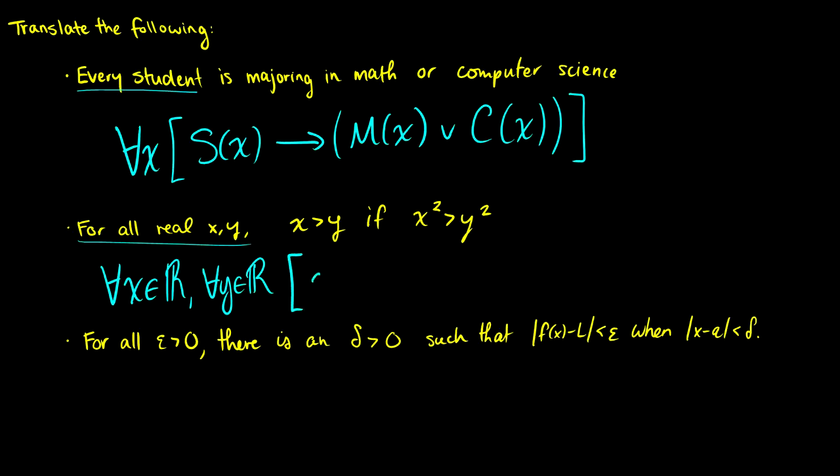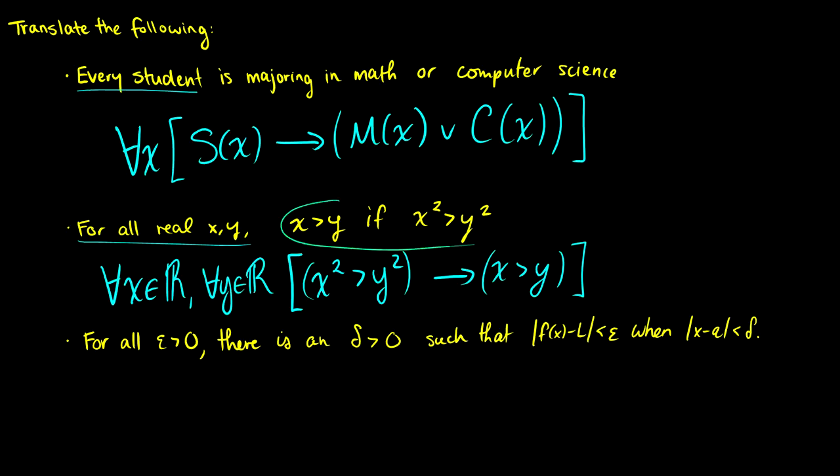So here we have if x squared is greater than y squared, then x is greater than y. So that's what that one looks like. For all x in the real numbers and all y in the real numbers, if x squared is greater than y squared, then x is greater than y. I changed the order of the if there, just to mess with you a little bit.